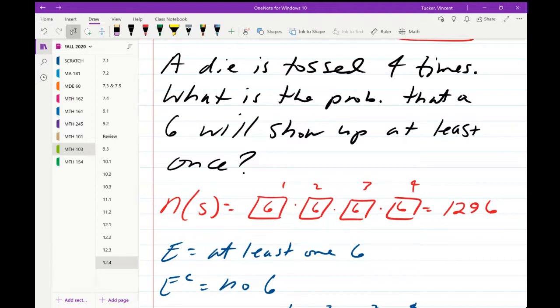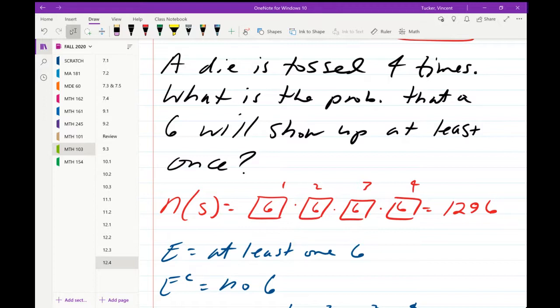All right. So we have to establish our sample space first, as always. So we have a die that is tossed 4 times. So I create my 4 boxes that represent each time that the die is tossed, and each time we have 6 possible options. So that's why the 6 is in each box.